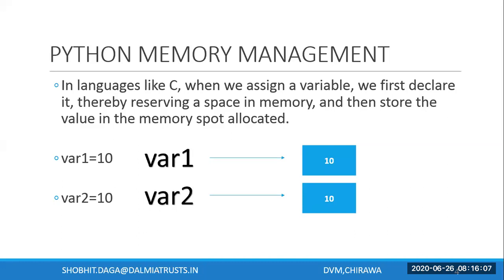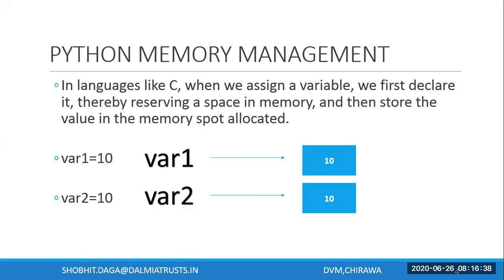It will not be pointing to the same memory location as was the case with var1. And if var2 is given a new value, say var2 is equal to 20, the value will be changed over here. No new memory spaces will be created.